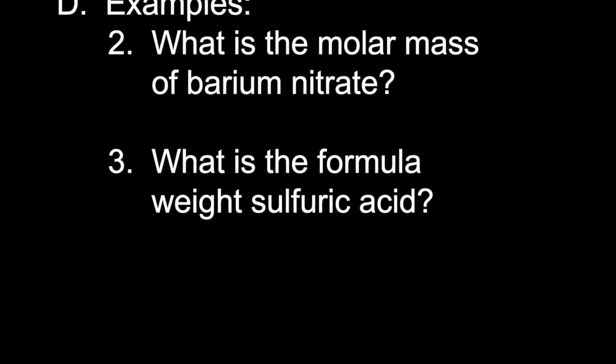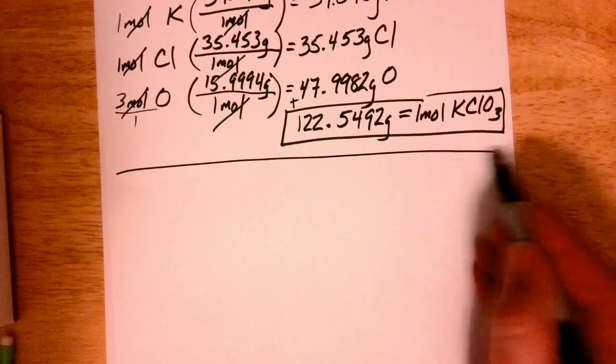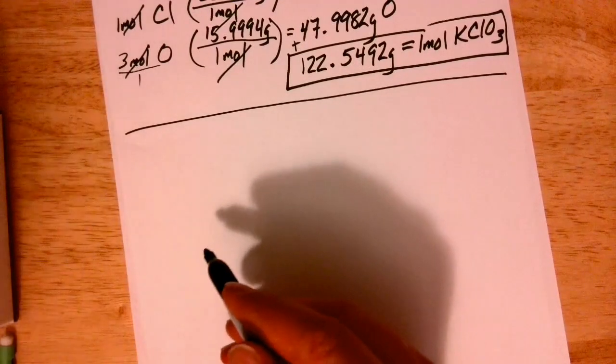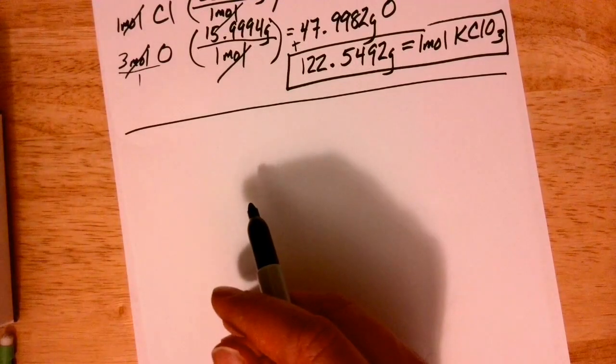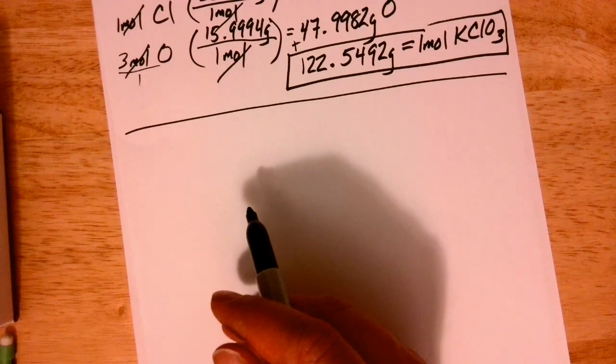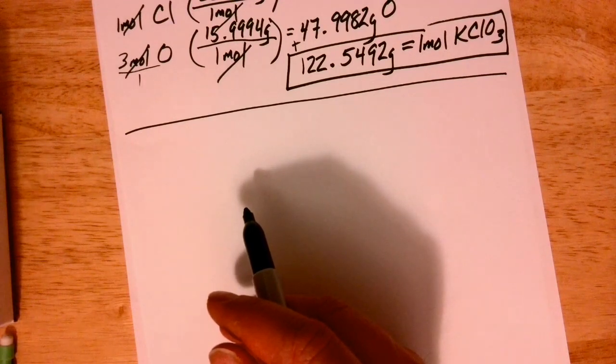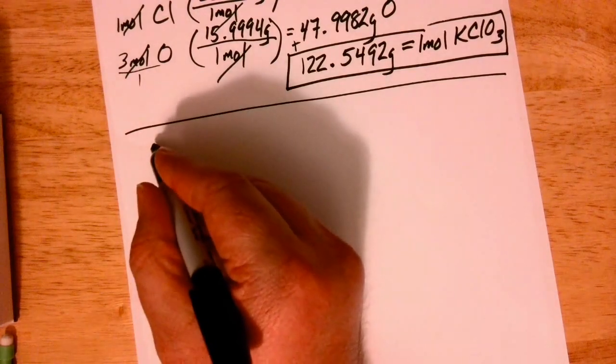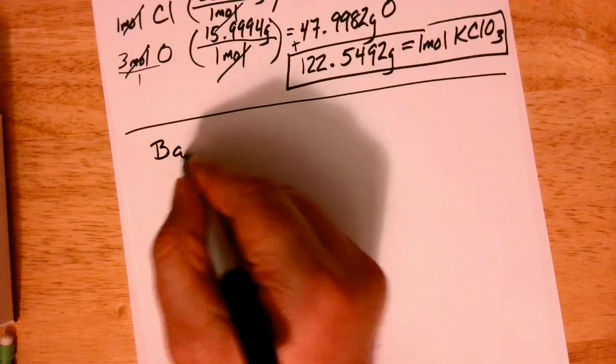What is the molar mass of barium nitrate? All right, the next one is barium nitrate. Now what I'm going to do is get you started on this one, and then I want you to work it out and then give me the answer. Now barium nitrate, barium is Ba positive 2.